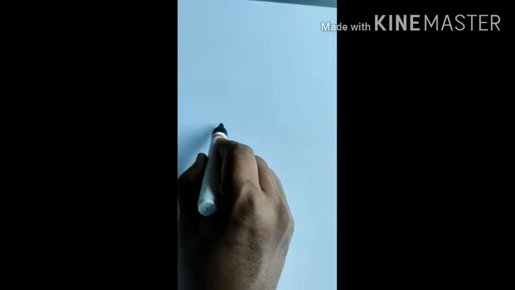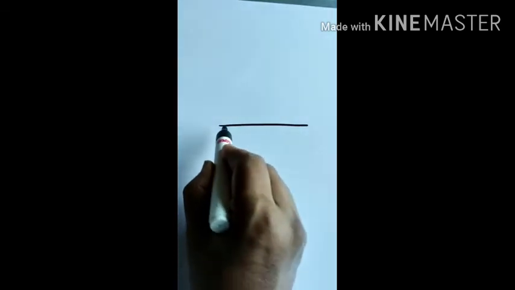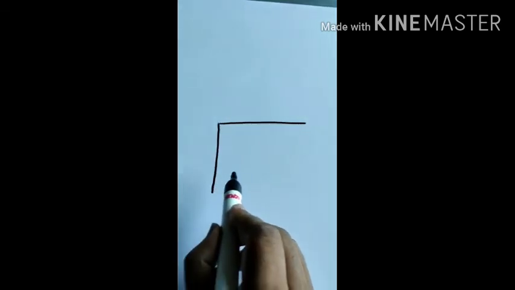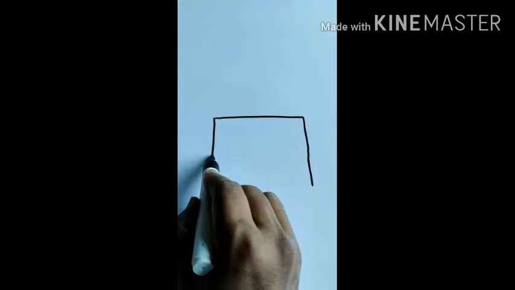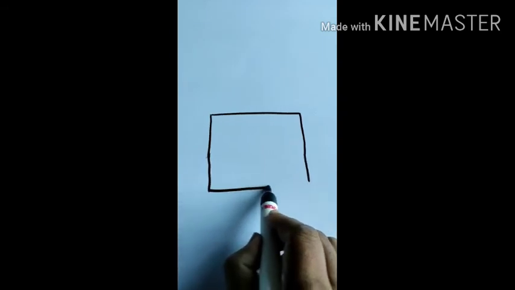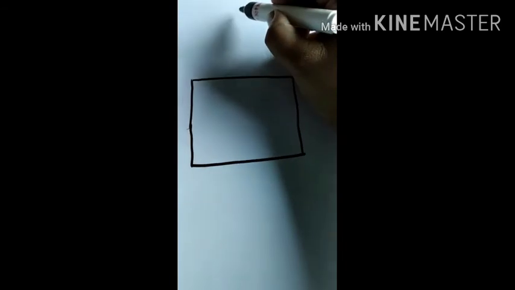Let's discuss the shape of Egypt's pyramids. Let's try to draw the Egyptian pyramids. We first draw a square. Take a point.